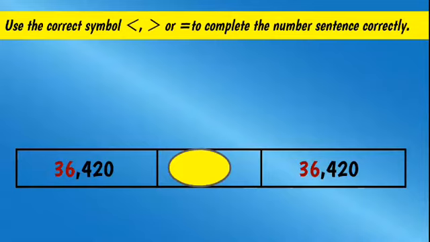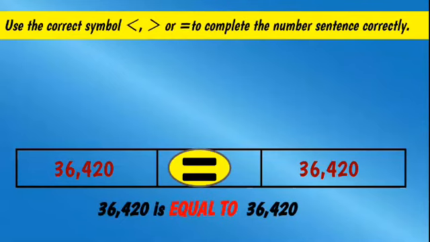We go until we see a difference in values of the numbers. 400 in the first, 400 in the second number, 20 first, 20 the second, 0 ones, 0 ones. So both numbers are equal. 36,420 is equal to 36,420.